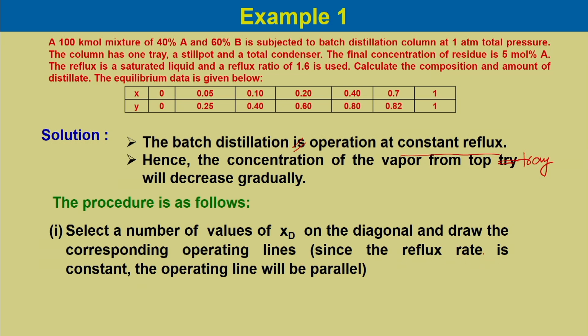Since the reflux rate is constant, the operating lines will be parallel, because R is constant. The slope of the operating line, R by R plus 1, remains constant. Since the reflux ratio is given as 1.6, the procedure is to select points on the 45-degree diagonal, that is x D, and then plot the parallel operating lines because the slopes are the same.